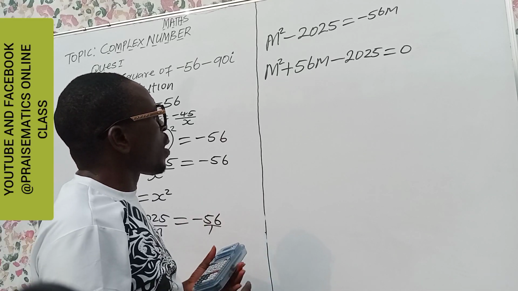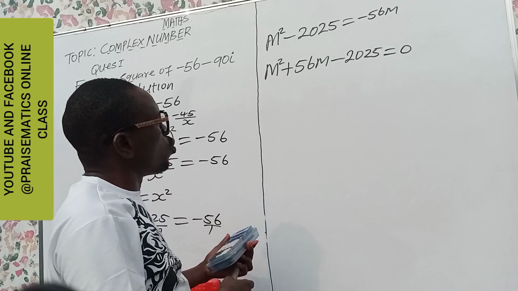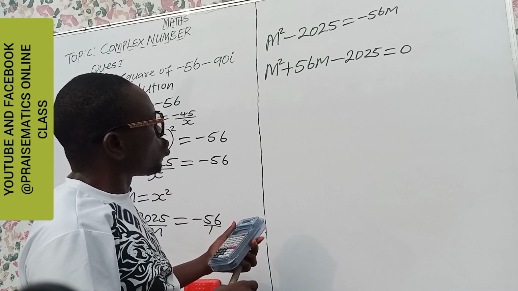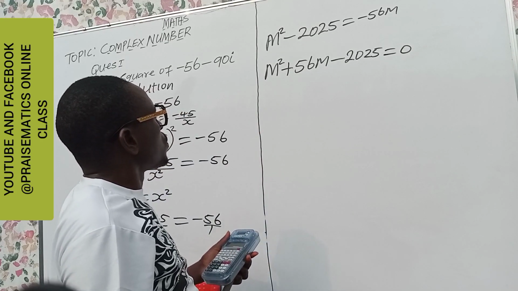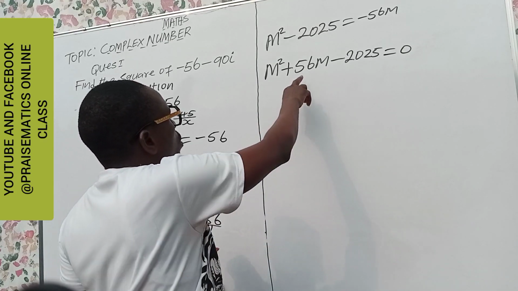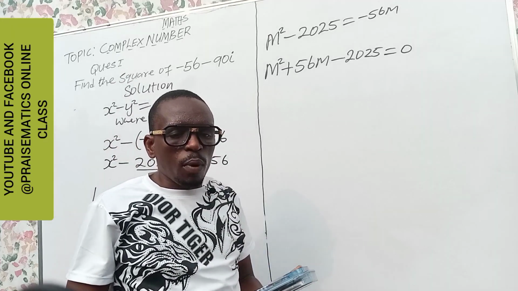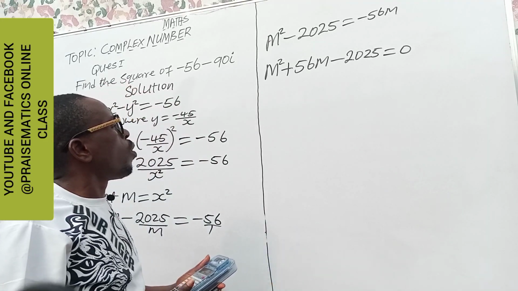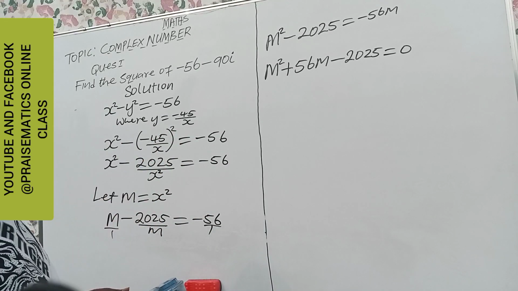Factorization method. Now we are going to look for the two numbers that when we multiply we get minus 2025, but when we add them we get plus 56. What are these two numbers?